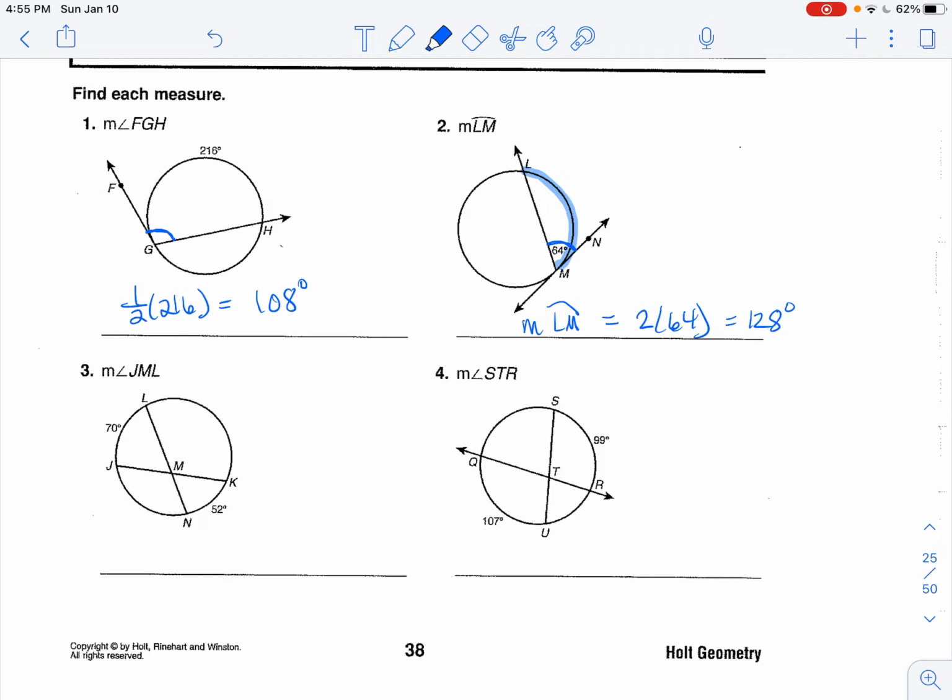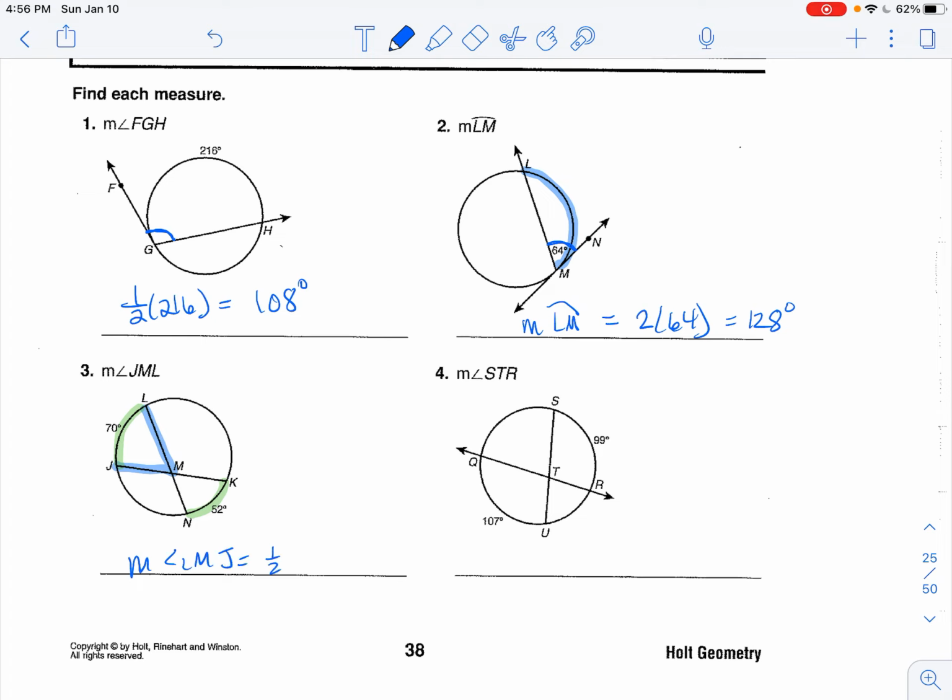Number 3, the measure of JML. That's what we're trying to find. Okay, so that means I need to add the two arcs and then multiply by a half. So JL is 70 and KN is 52.